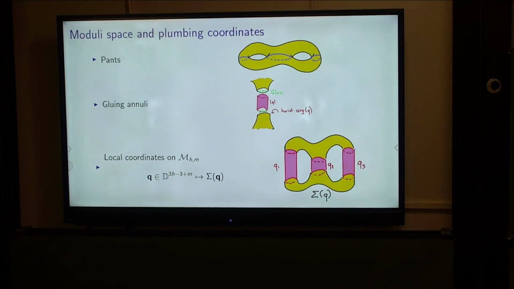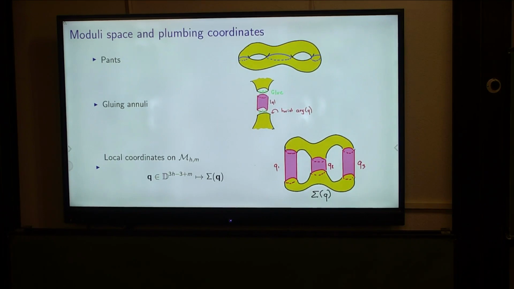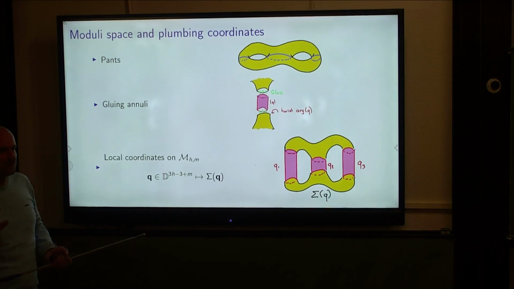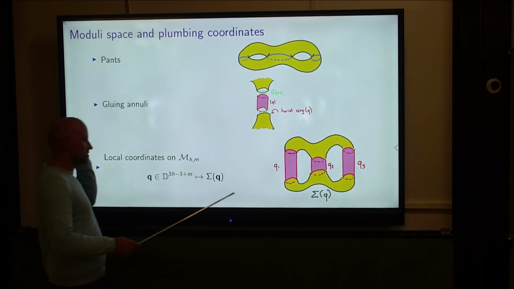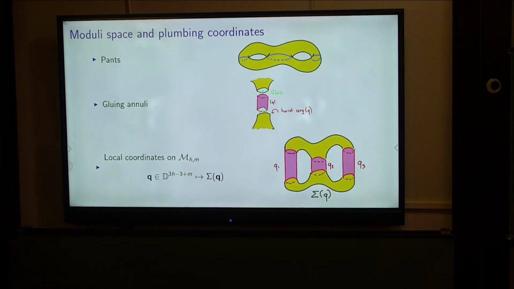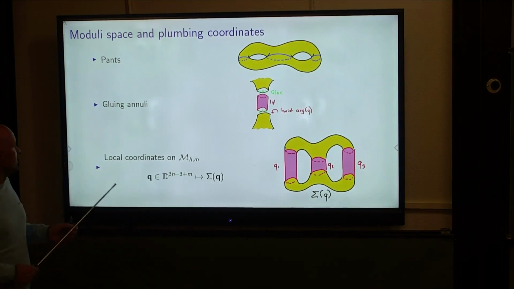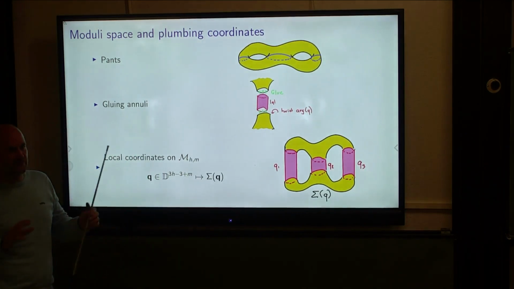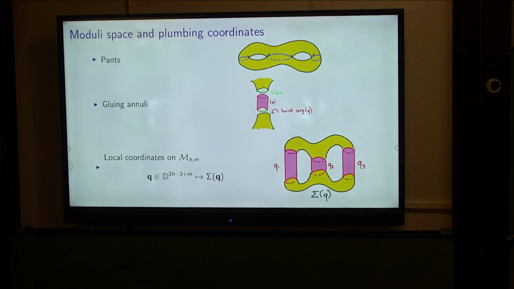The second input I need is a statement for the conformal blocks. We will have a way more detailed talk by Colin on Friday about the conformal blocks. I wanted to make it as simple as possible, so I used the plumbing coordinates on the space of Riemann surfaces. Basically, we fix the genus this time. We fix a Riemann surface, and we want to move a little bit in the space of Riemann surfaces. This gives you a system of local coordinates.